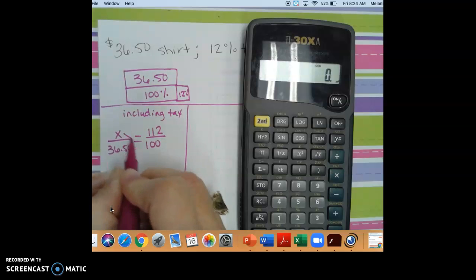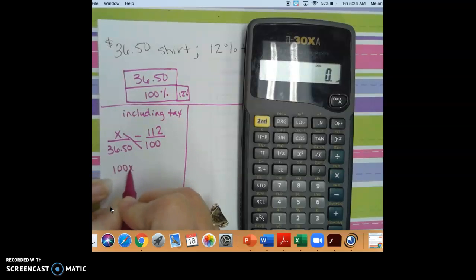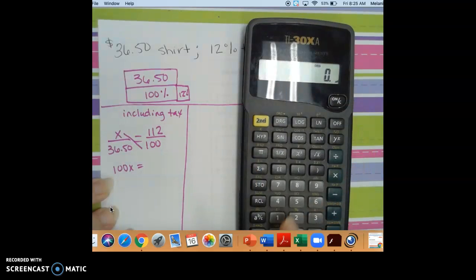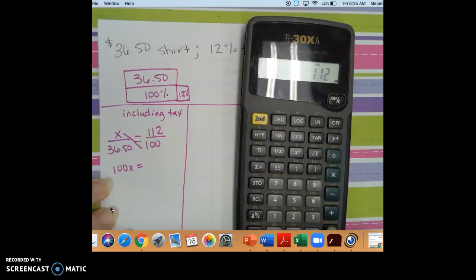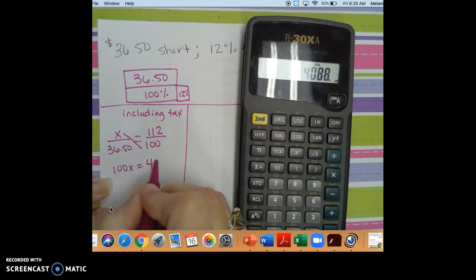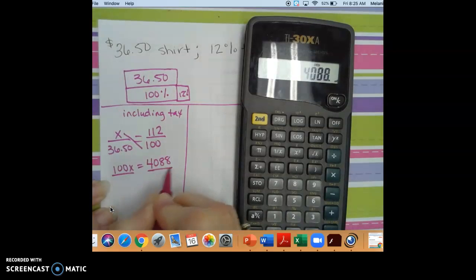And then this is X. So we have 100X equals $36.50 times 112, and I get this number. When I divide by 100, I'm going to get $40.88.